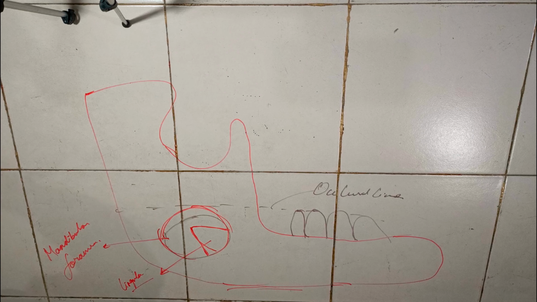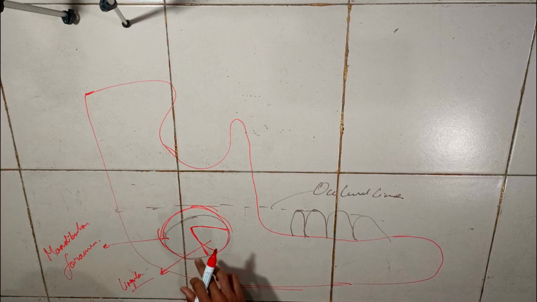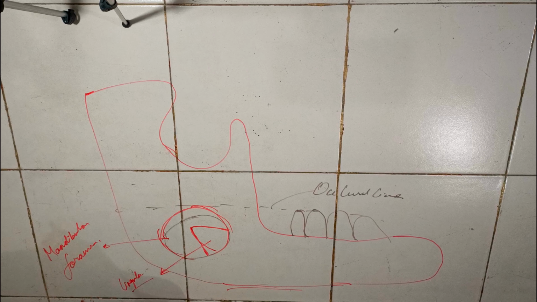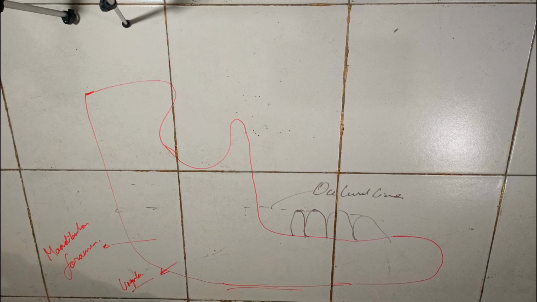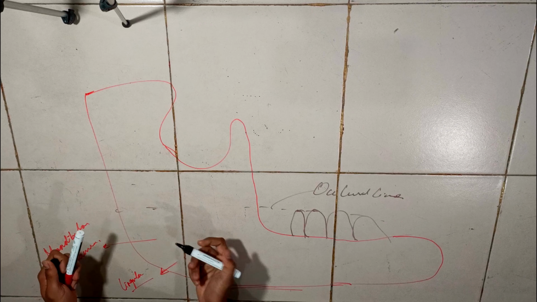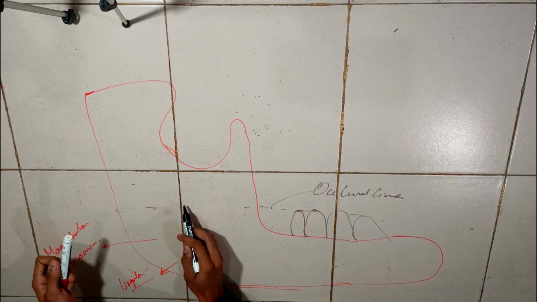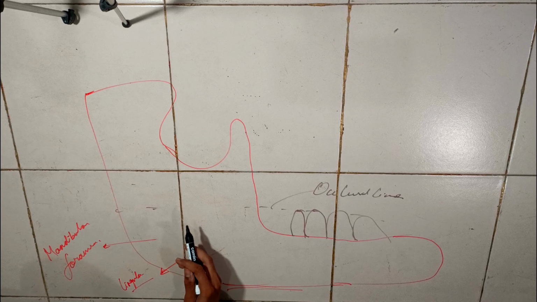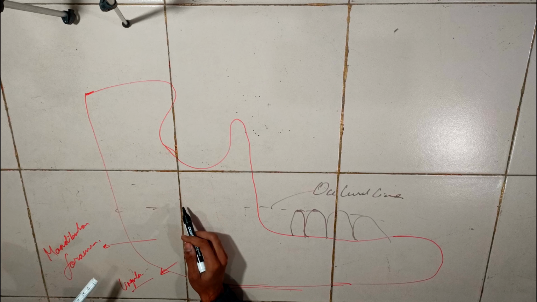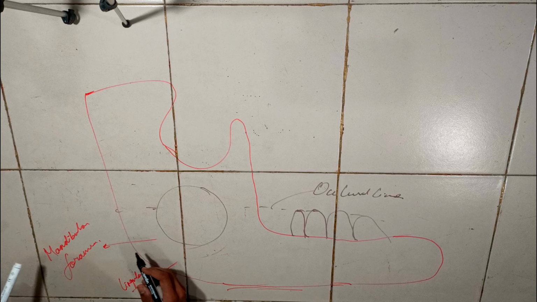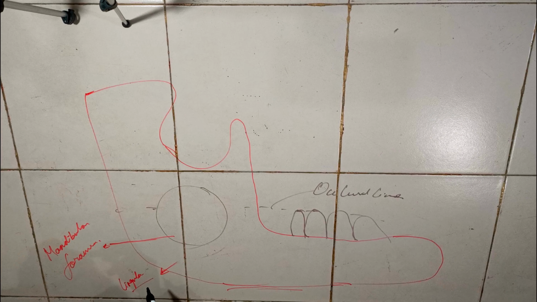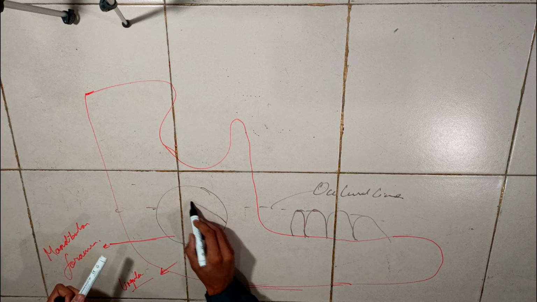Wait, let me check. This lies at the level of occlusal line. I've drawn this wrong. Let me correct it. The mandibular foramen lies a little above the center of ramus at the level of occlusal surfaces. Okay, so this is the mandibular foramen, and this will be the lingula.